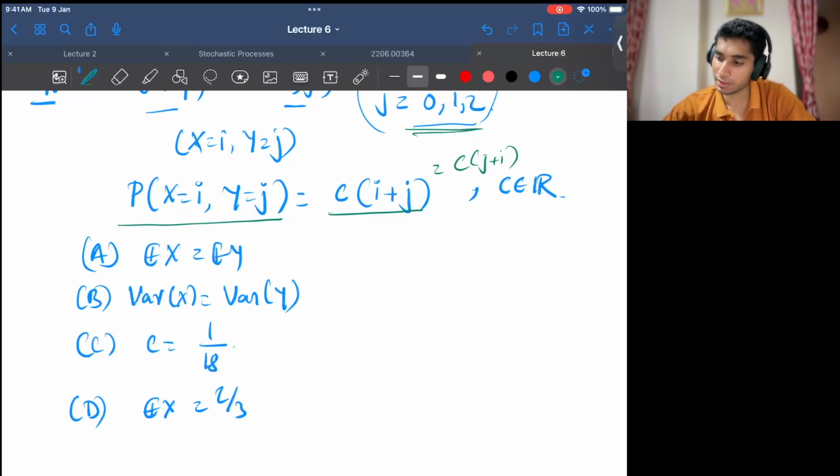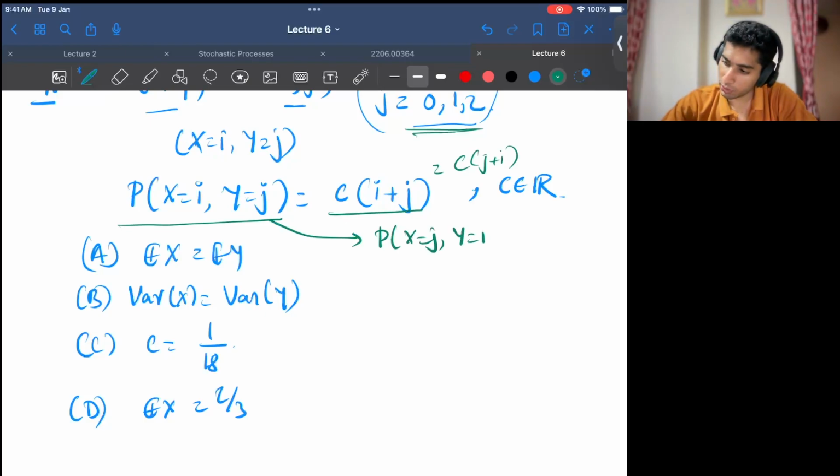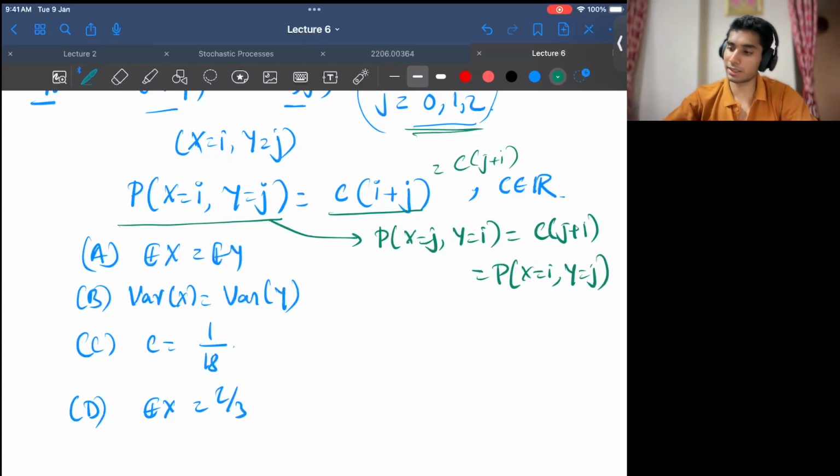So it doesn't matter. What I mean is the probability of, let's say, x equal to j and y equal to i is also c times j plus i, which is equal to probability of x equal to i comma y equal to j. So these are like symmetric random variables, right?